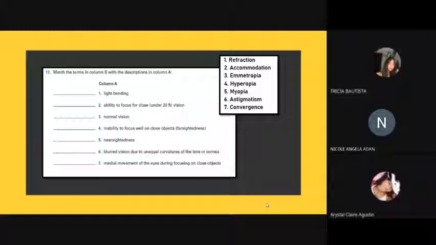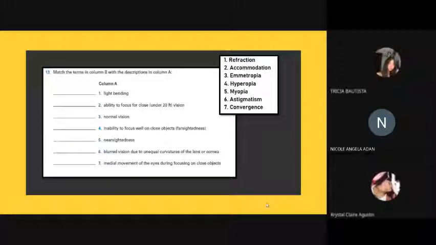For number 13, match the terms in column B with the descriptions in column A. For number 1, we have refraction. Number 2, accommodation. Number 3, emmetropia.